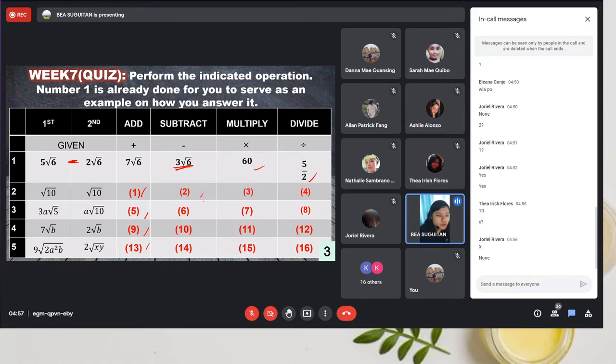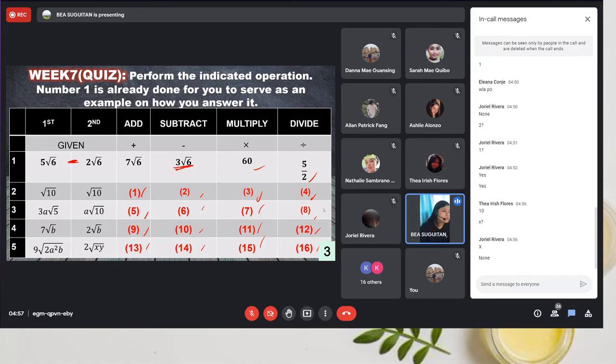For numbers 2, 6, 10, and 14, you're going to subtract. For numbers 3, 7, 11, and 15, you're going to multiply it. And for the remaining numbers, which are 4, 8, 12, and 16, you are going to divide naman ang ating given radicals. Question po?